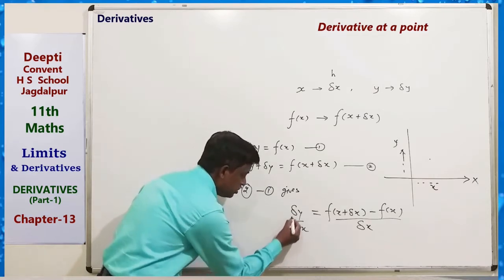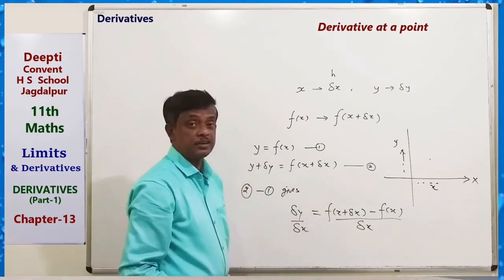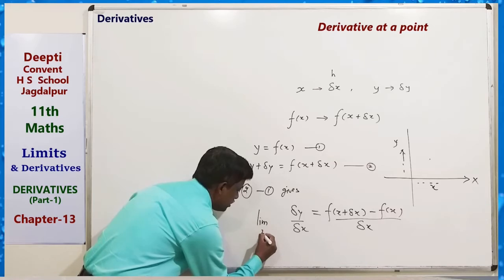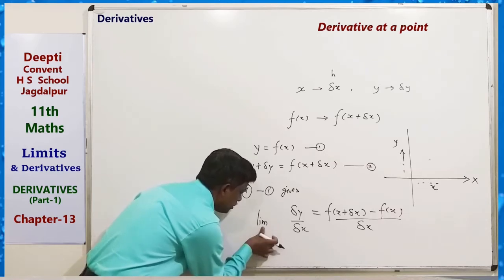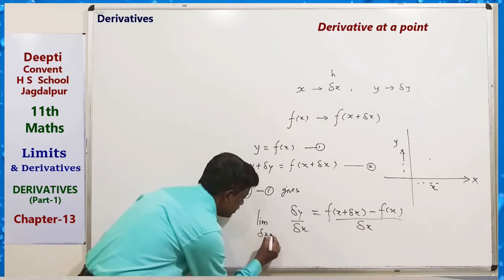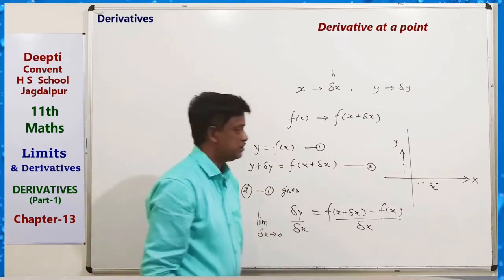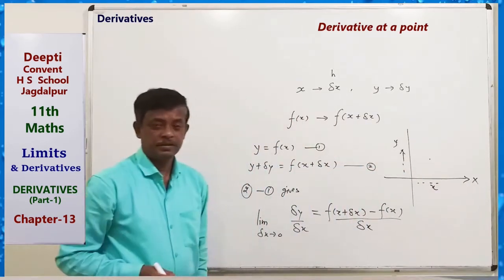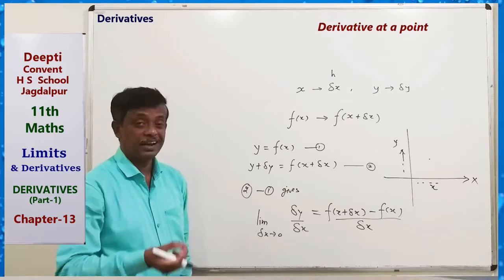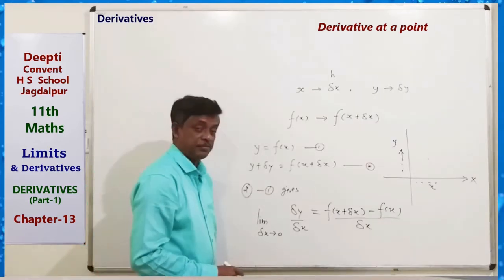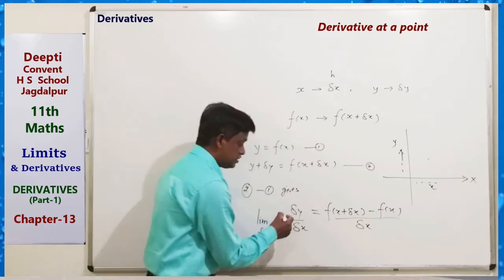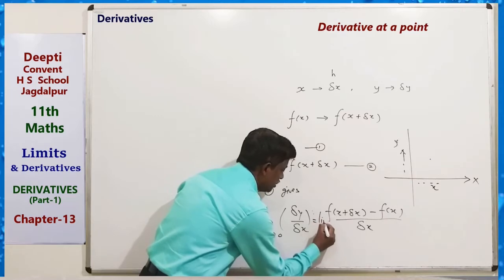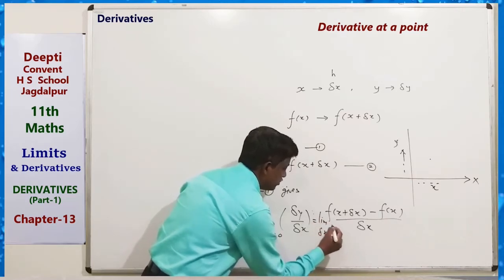Its limiting value is when delta x tends to 0, that is, at a particular point, at an instant. For finding the change in y, we have to take the limit delta x tending to 0.